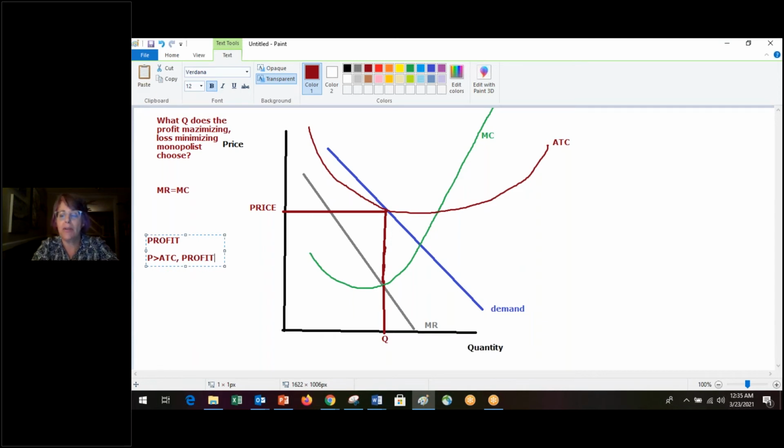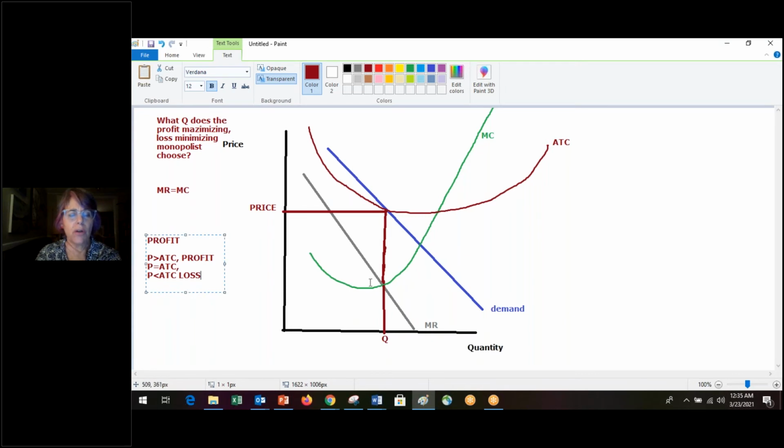I just so happen to draw in this example that price is equal to average total cost. That's no profit. I mean, that's normal profits. And if price is less than average total cost, it's going to be a loss. So the way that I drew it, there's no profit, there's no loss.